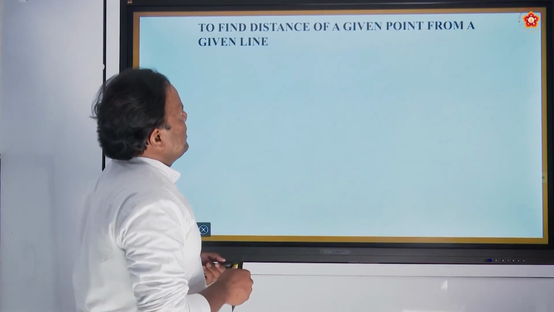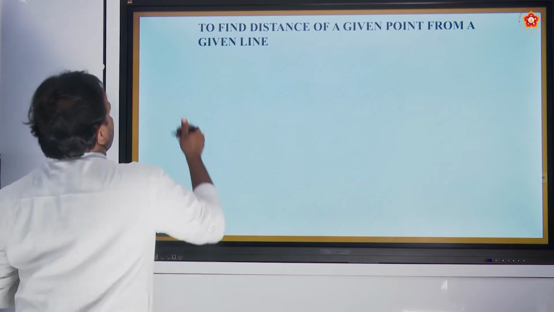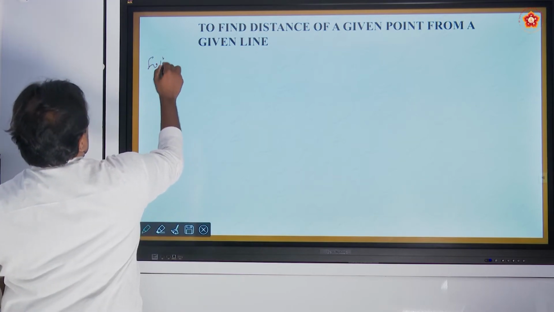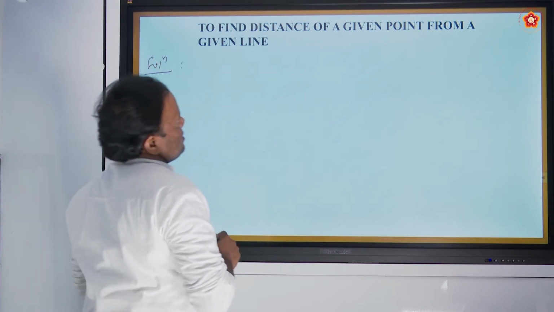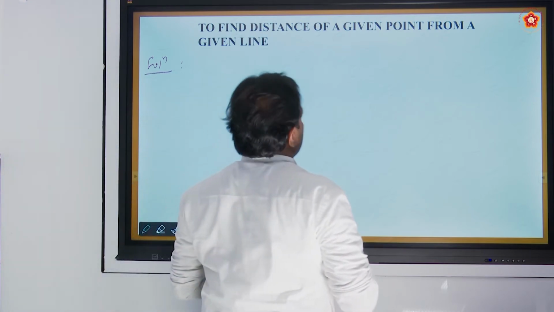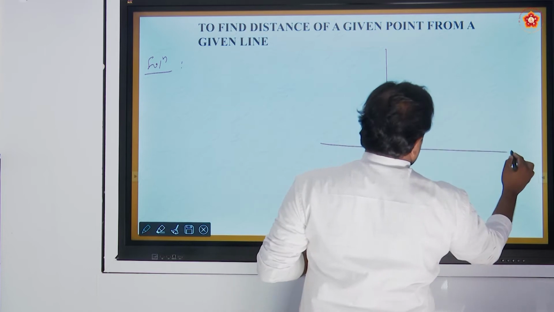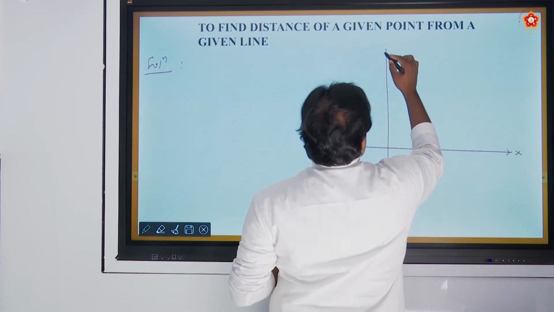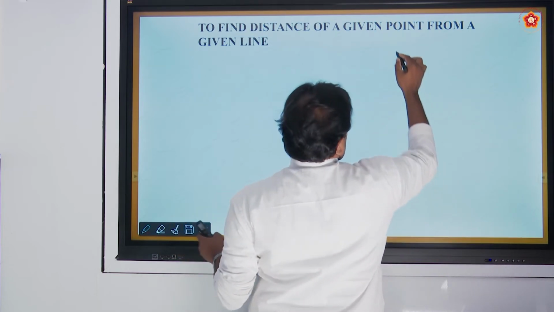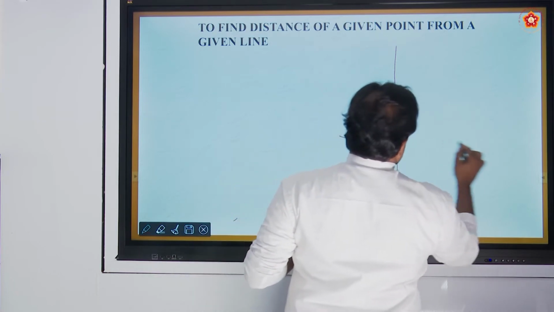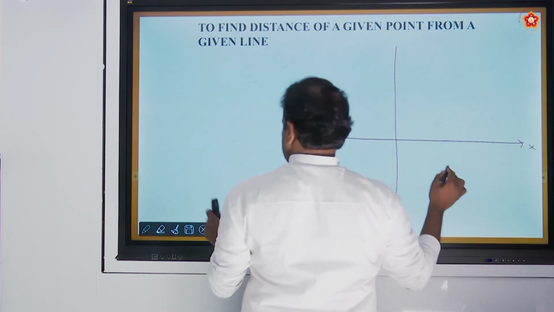This is a very important theorem to find the distance of a given point from a given line. So, draw the figure here. This is the x-axis.